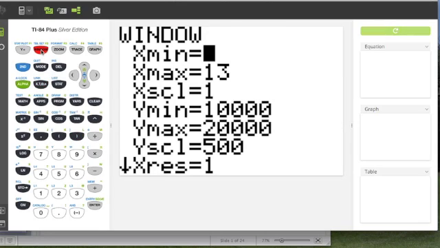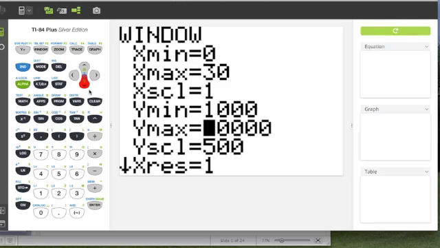Now they ask us to graph it from x being from 0 to 30, and y will start with that 1,000, and I'm not exactly sure how much this is going to grow.